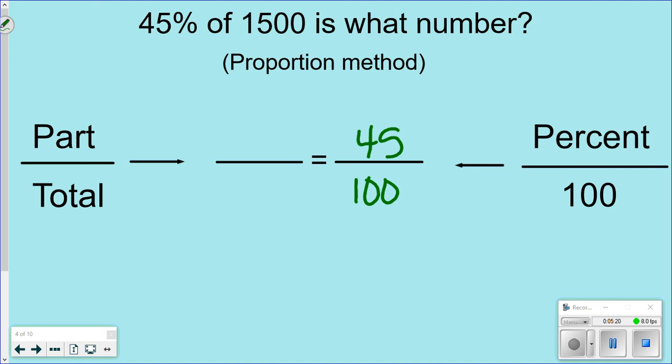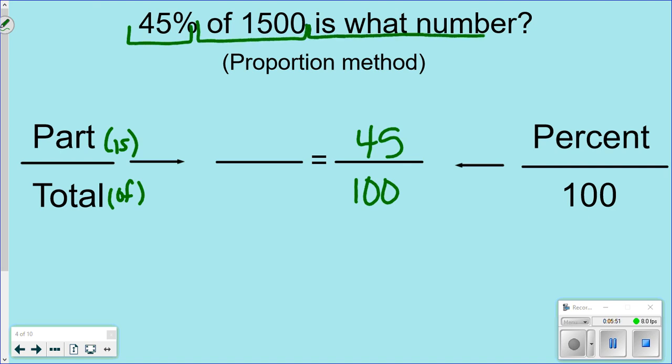Okay, the other part is probably the trickiest part of the whole thing, the part and the total. If I say 45% of 1,500 is what number? My total here is 1,500 because I'm looking for 45% of that. And I know that 45% of 1,500 is going to give me a smaller number, a portion of 1,500. Remember before we talked about is and of? So another way you can look at it is like, here's your percent of 1,500.